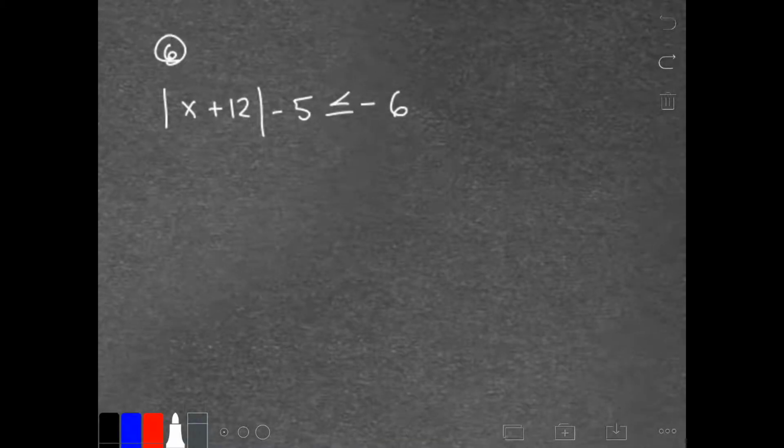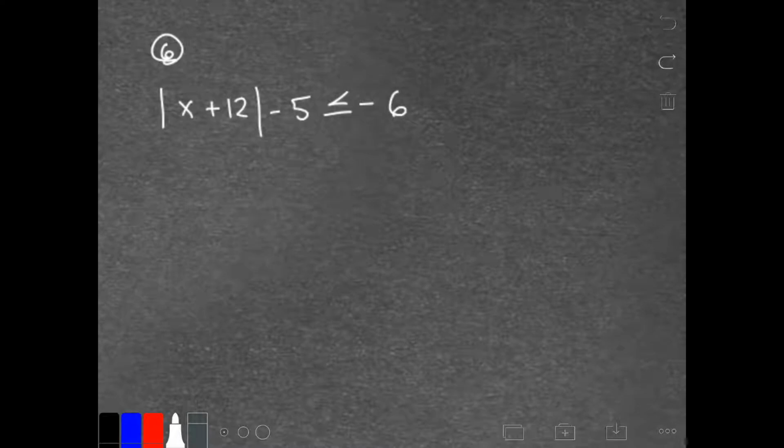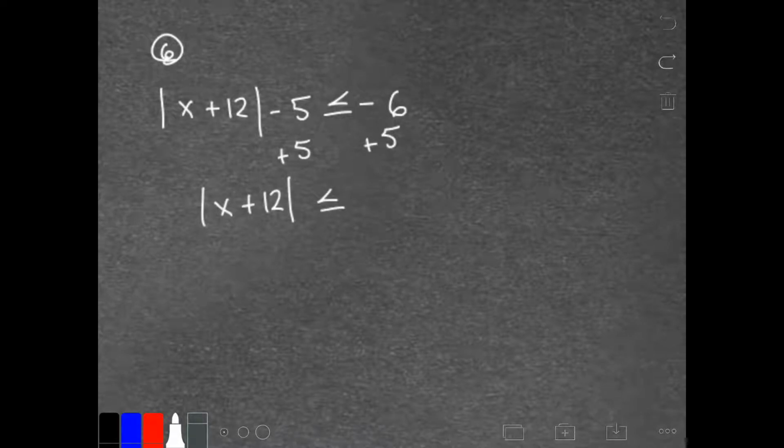Let's do one more example for this lesson. Like any other absolute value inequality, let's isolate the absolute value expression. Negative 6 plus 5 is negative 1. So the absolute value of 4x plus 12 is less than or equal to negative 1.